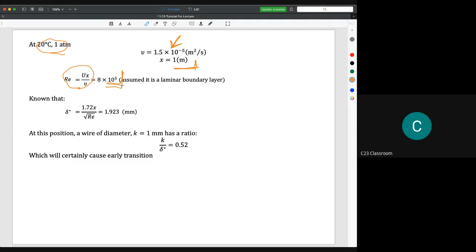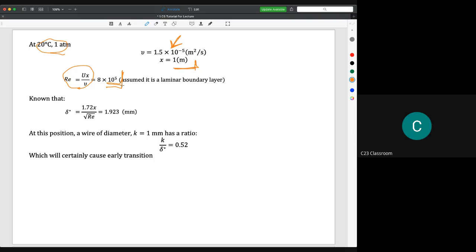Let's say we take 1 times 10 to the power of 6 as the transition between laminar and turbulent, and the surface is smooth. Then a Reynolds number of 8 times 10 to the power of 5 is still a laminar boundary layer.